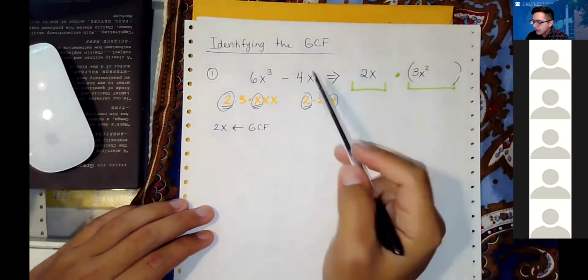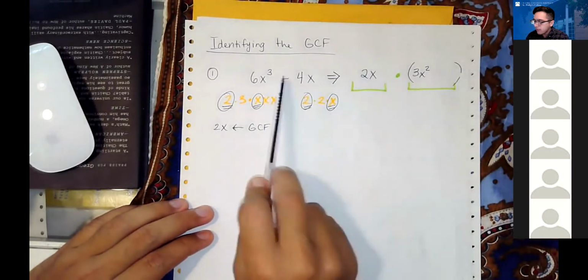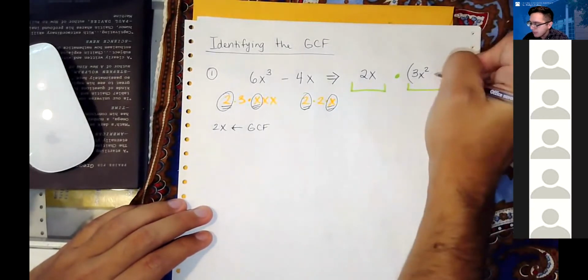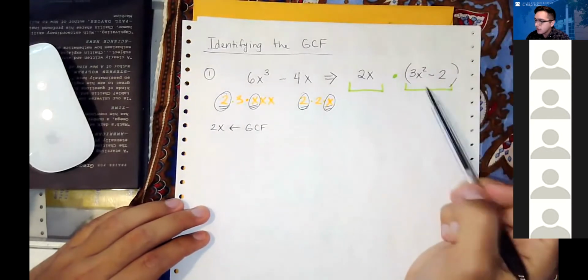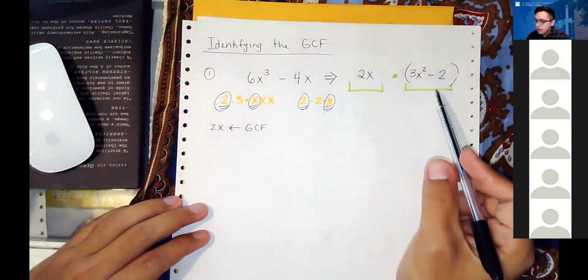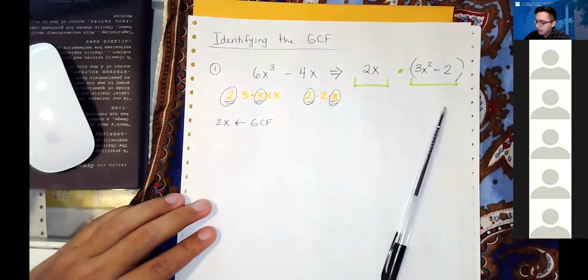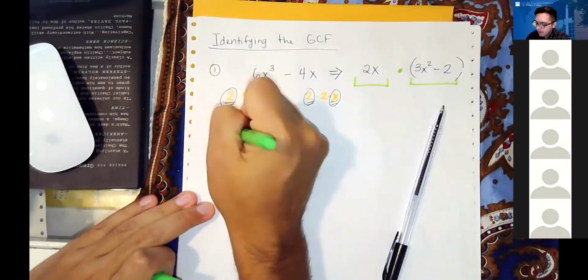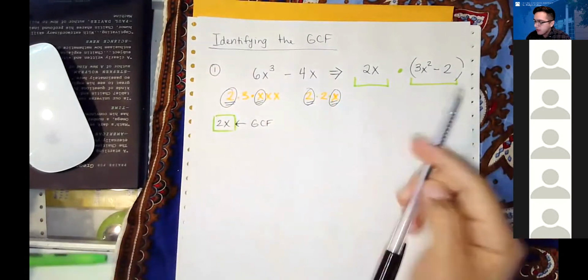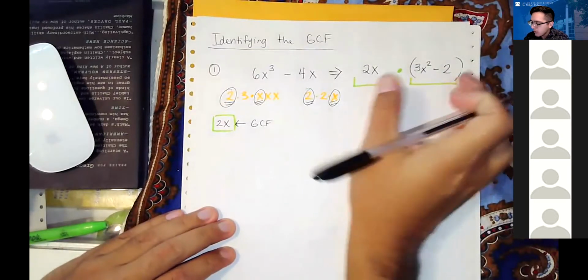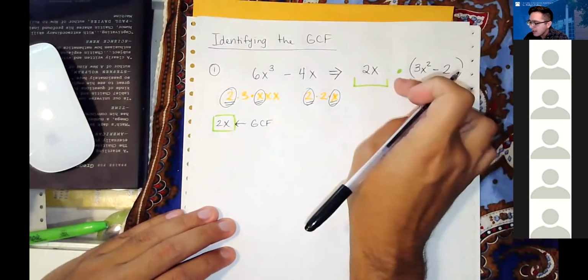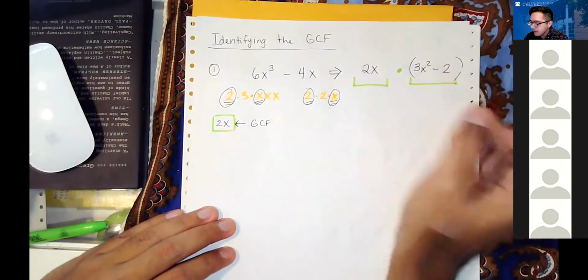And then finally, there's only a 2 left over here. Be careful, there's a minus sign here, so we need to put minus 2. And this should make sense. So we identify that this is our GCF, but the full factorization of this polynomial is 2x times 3x squared minus 2.